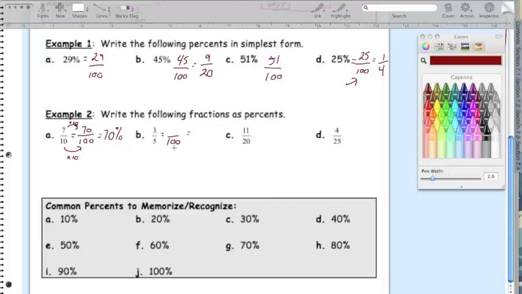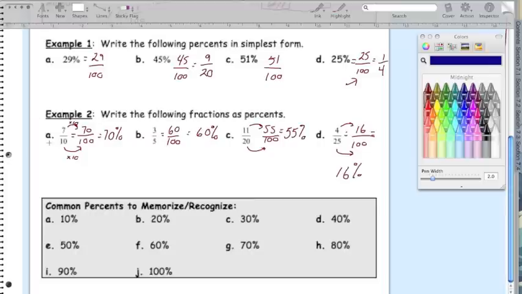So 5 times 20 is 100, 3 times 20 is 60. I get 60%. 11 out of 20, multiply by 5, I get 55, so it's 55%. And then the last one is 4 out of 25, so I can multiply both by 4 to get my denominator to be 100, and I get 16 out of 100, which is truly 16%.